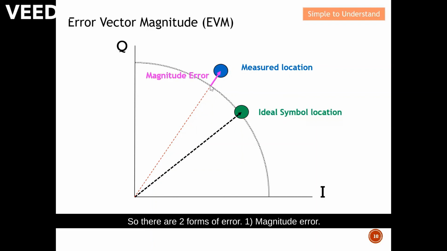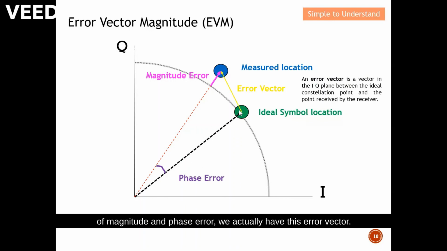One, we call the magnitude error, which creates the measurement over this point here. Next, we have the phase error. Because of the contribution of magnitude and phase error, we have this error vector. An error vector is a vector in the IQ plane between the ideal constellation point and the point received by the receiver.